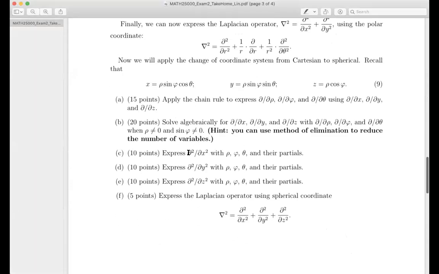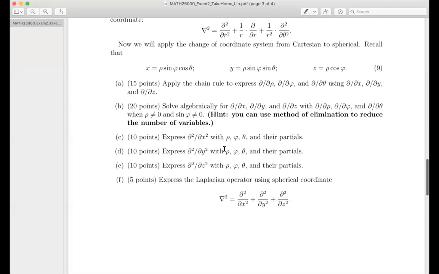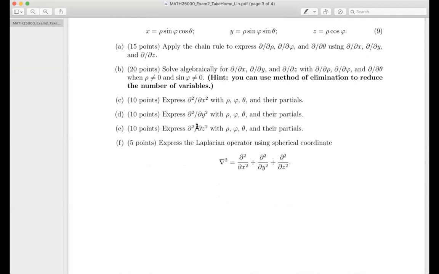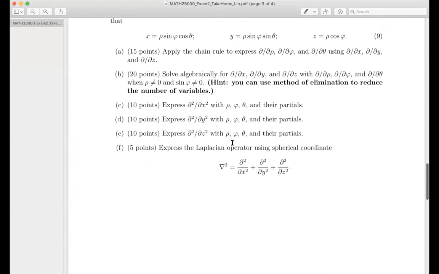And now partial squared over partial x squared is just basically partial x twice. Do that, but you have to be careful with the product rule. Same thing for y, same thing for z. And the next part is just adding these three second order partials together, and you get the Laplacian. So this is the first question.